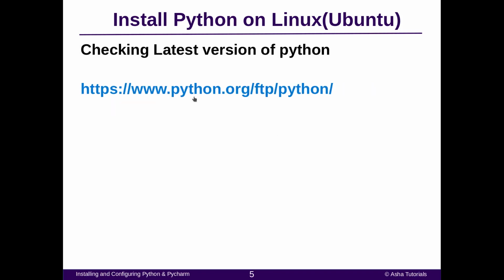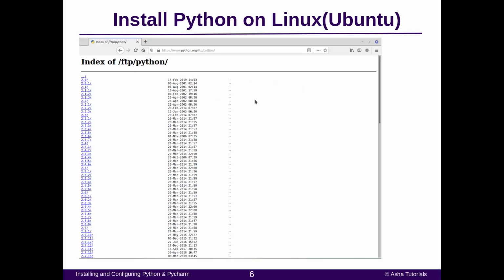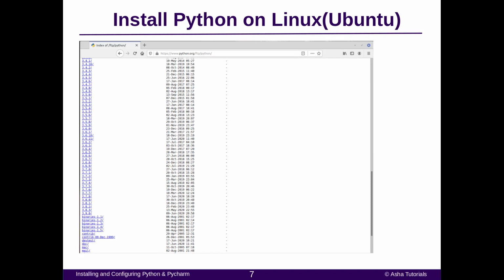Now go to this website and it will list all the Python versions which you can install. By clicking on this link, it will take you to the folder where the installation files are stored.